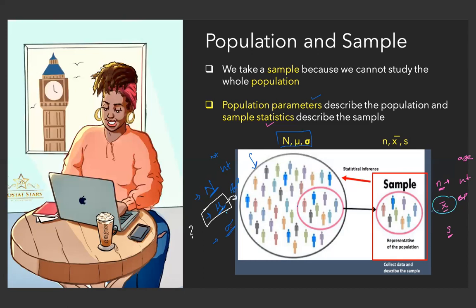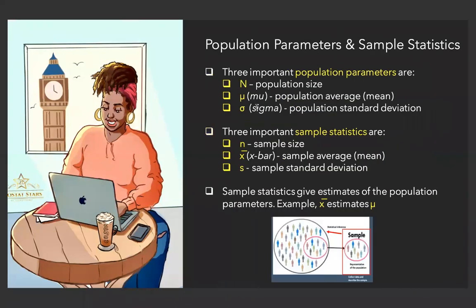When we do research and we get X bar, we actually want to get an estimate of mu by using this X bar. So I hope this part is clear so far. Basically this slide is talking about everything we've covered: the population parameters, which are characteristics that describe the main population, like big N, mu, and sigma.